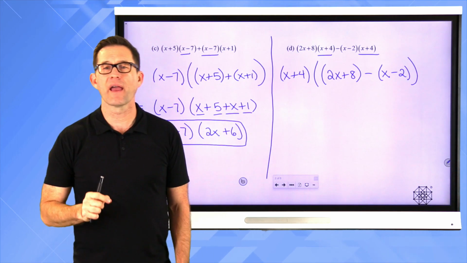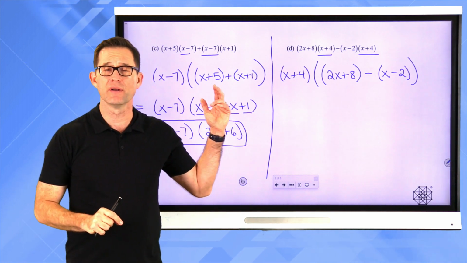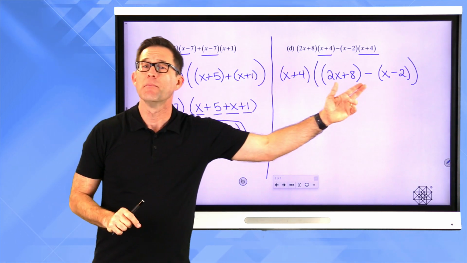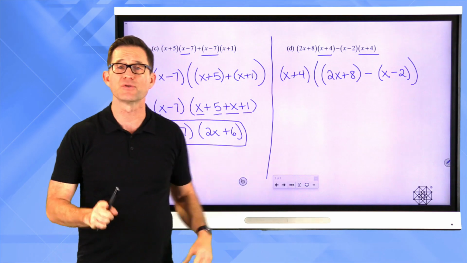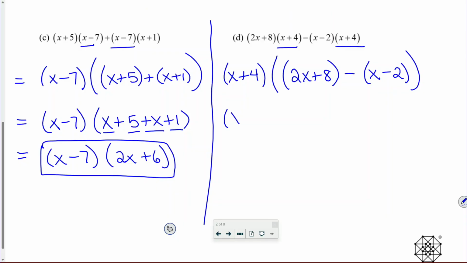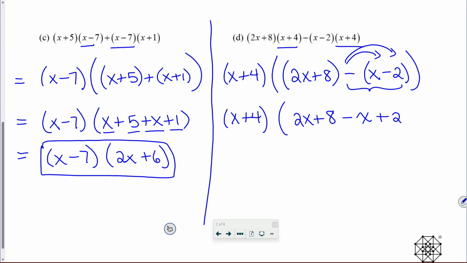And here's where care must be taken. Addition is associative and commutative, but subtraction not so much. So now, in order to remove the parentheses inside of here, the parentheses around the 2x plus 8 are doing absolutely nothing. But here I need to distribute that subtraction through the parentheses, giving me a negative x plus 2.